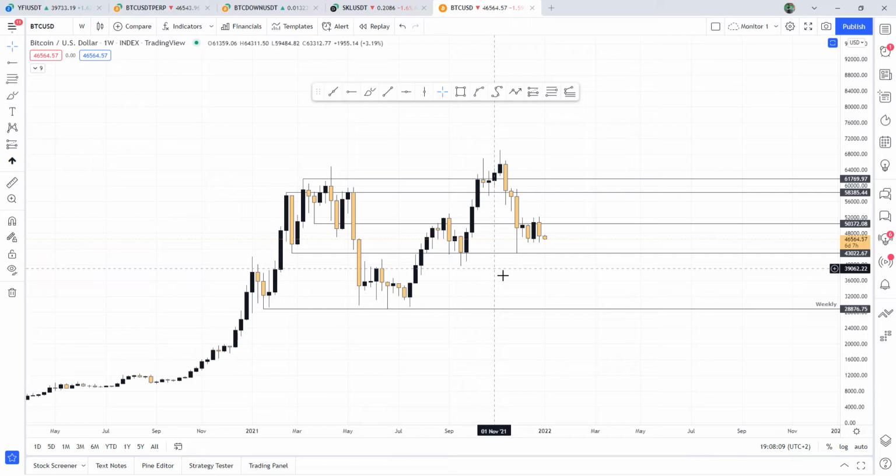Having these levels identified on your chart, you know where to buy.